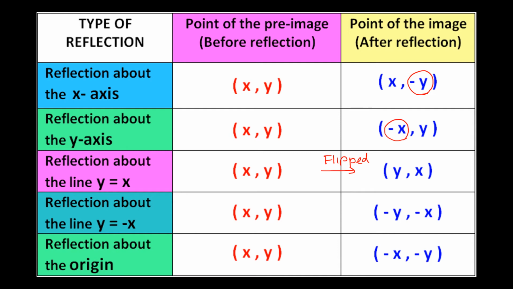If I reflect about the line y equals negative x, not only do I flip my image, but my signs are now opposite for both my x and y. And then, of course, if I reflect about the origin, the only thing that happens is that my x's and my y's become opposite.